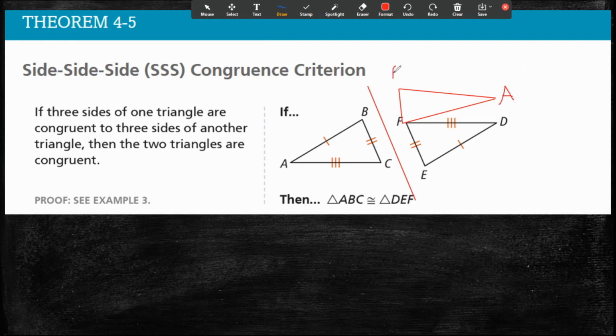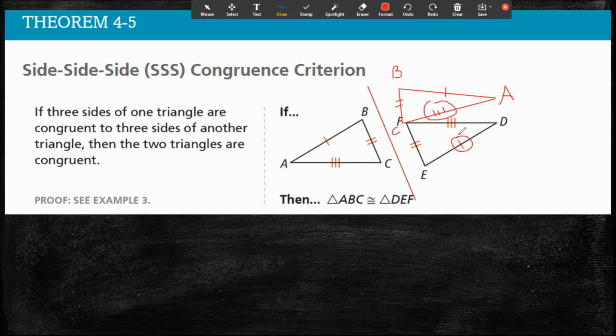I really just want to concentrate on the order of things. So from A to B is 1 tick mark, B to C is 2, and A to C is 3. Now these aren't lined up perfectly, right? If I just translate this down, these will not be corresponding parts that are congruent.